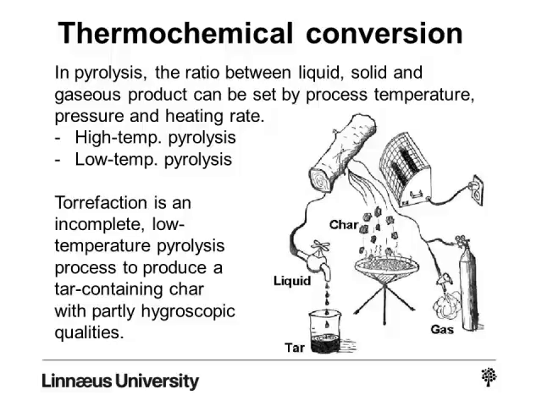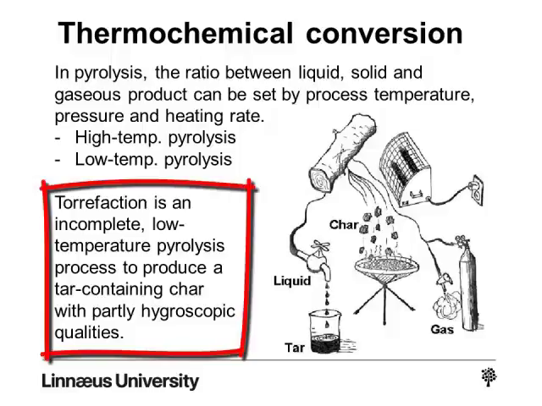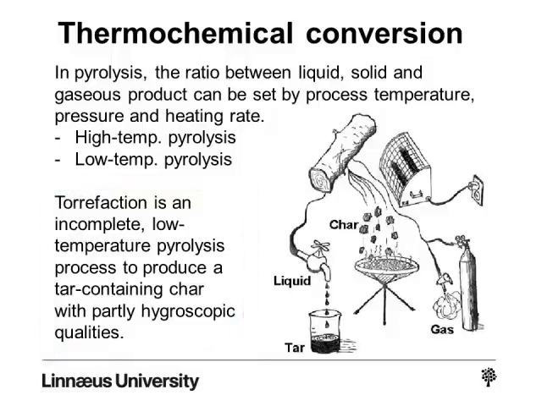pyrolysis or torrefaction. Torrefaction is an incomplete low-temperature pyrolysis, typically running at about 350 degrees C. And that produces a tar-containing char. Now, the fact that the char contains tar means that it gets some partly hygroscopic qualities.